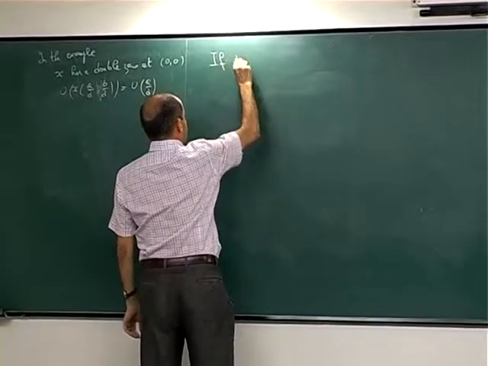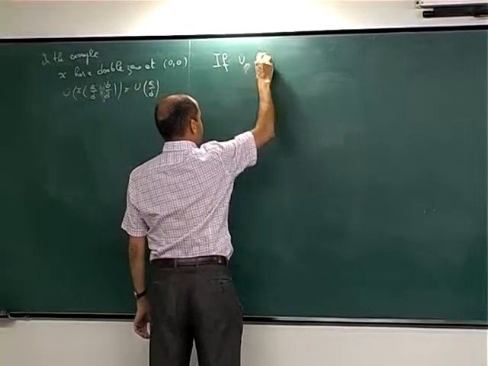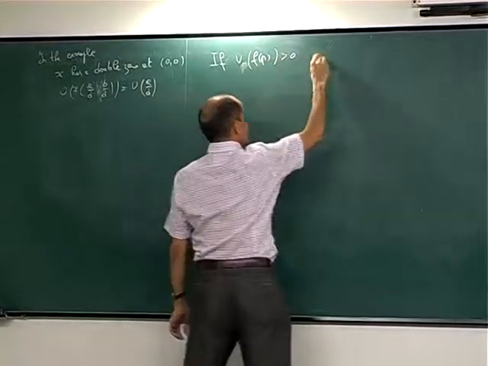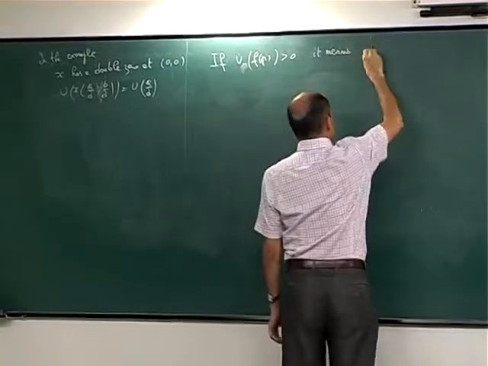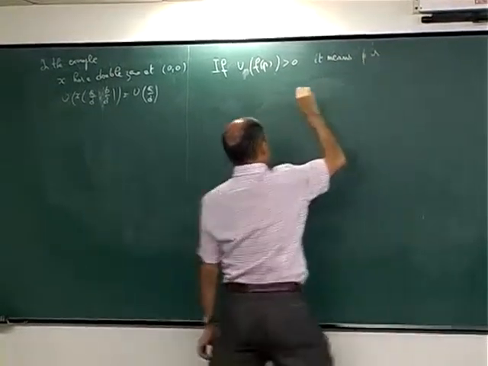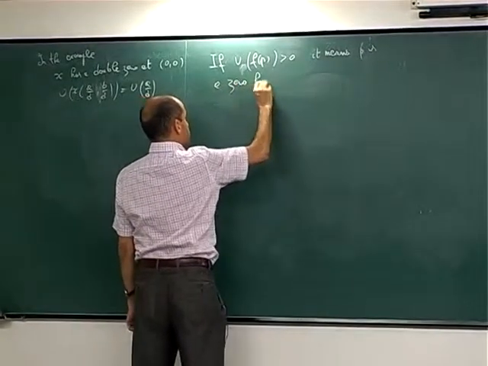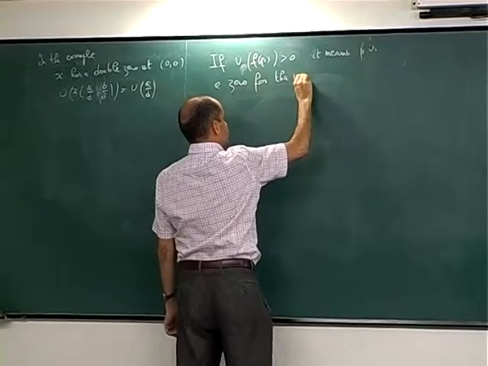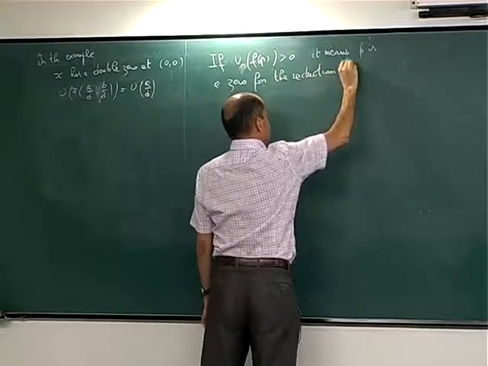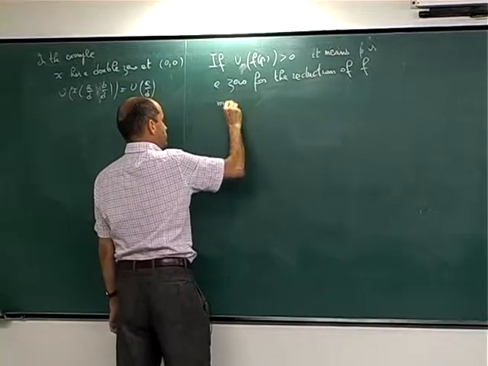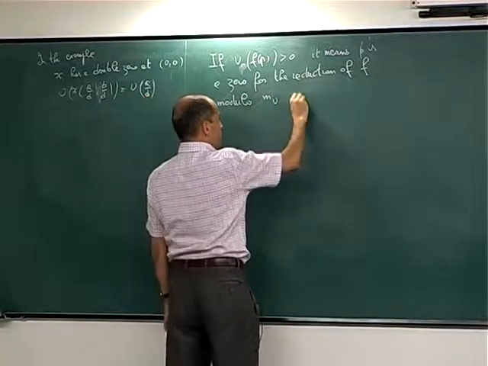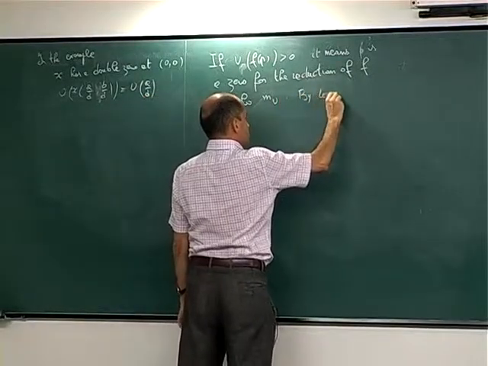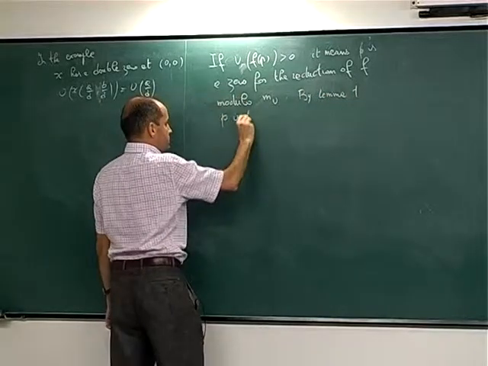So if nu p of f of P is positive, this means that P is a zero for the reduction of f modulo mu.